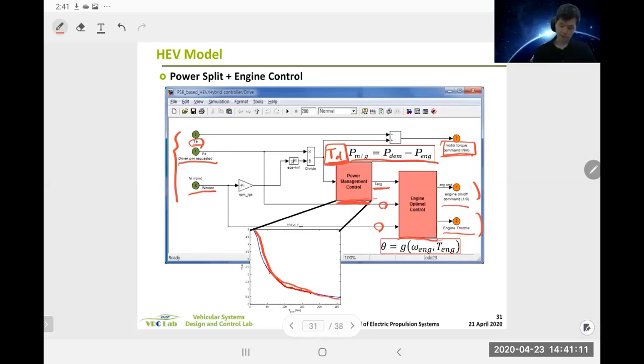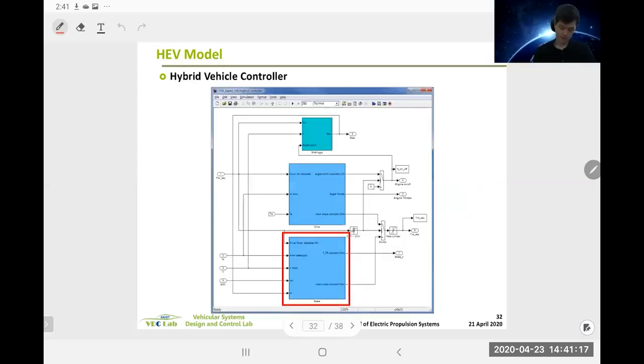And then we need throttle value to produce that engine torque, okay? We'll talk more about the power split strategy later on. Just showing you how different control modules are connected with each other and plants.